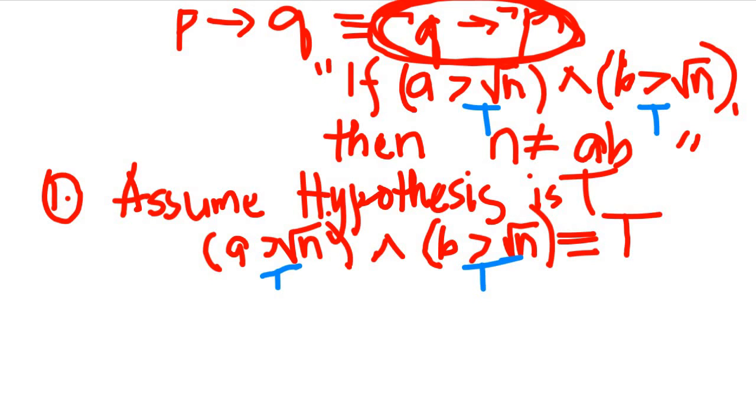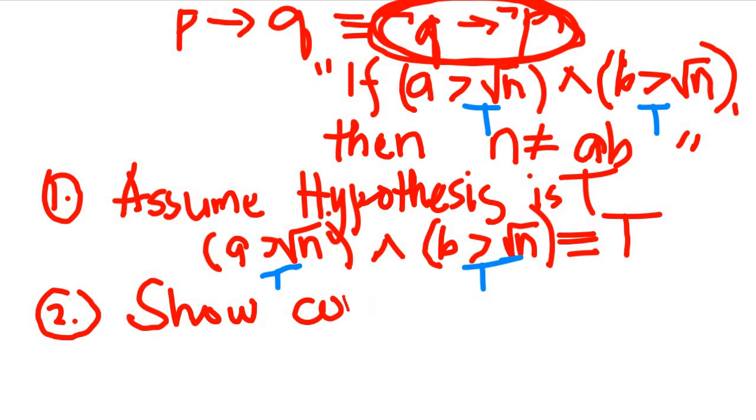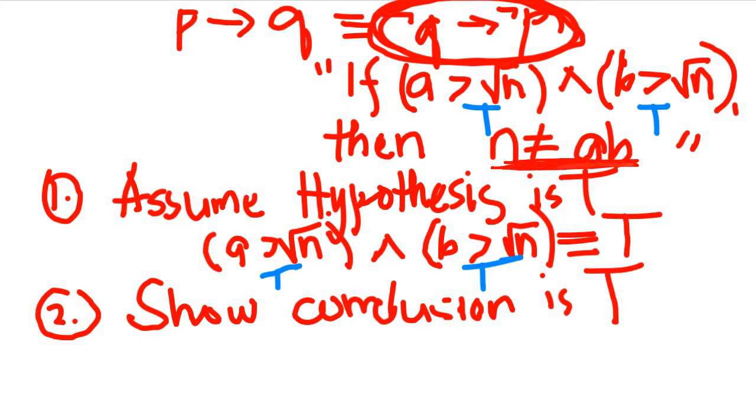So second step, I have to show now that the conclusion is also true. What is the conclusion? The conclusion is n is not equal to a times b, where a and b are positive integers.